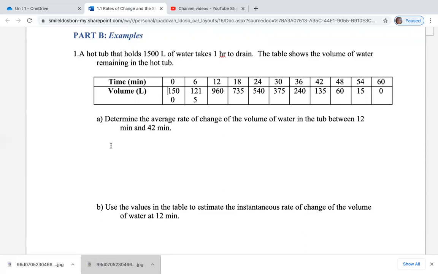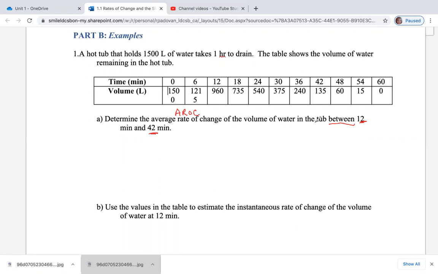So determine the average rate of change of volume of water that is in the tub between 12 minutes and 42 minutes. Average rate of change, again, is from the secant line. We're looking at 2 points.